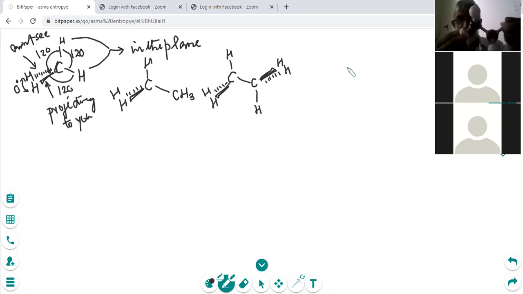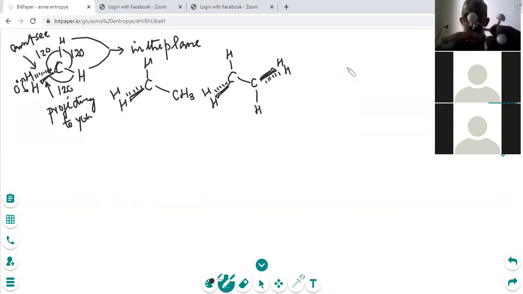The two hydrogens which I am holding are on the opposite side. One is a down hydrogen, the other is an up hydrogen. These two are up hydrogens, these two are down hydrogens. And you can see this one is projecting towards you, this is also projecting towards you. This is away, this is away.